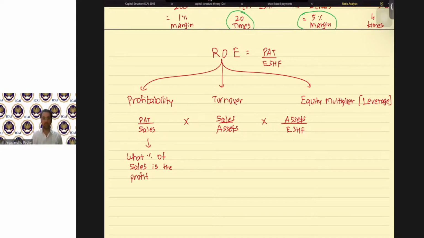Then sales to assets is: how many times of assets is sales? That is, for a given level of assets, what is the amount of sales that is generated? And then this is the ratio of assets to owned funds.